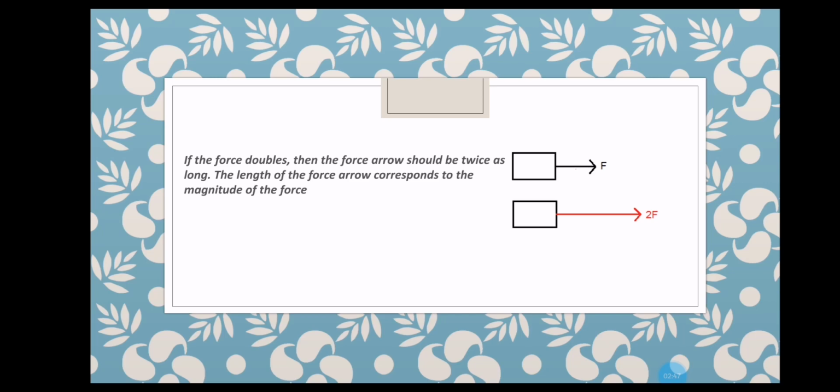So if you have F of a certain length and you need to represent 2F, the length of 2F should be double the length of F. So the length of the force arrow corresponds to the magnitude of the force.